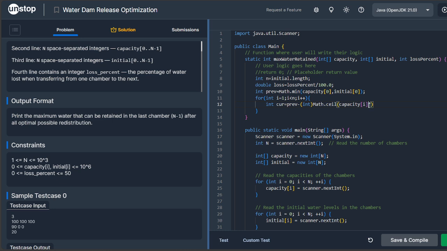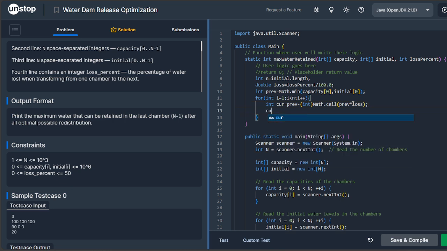No, no, no. It will be previous, right? We need to take previous into loss. So that is what they're asking, and we have to add the initial.